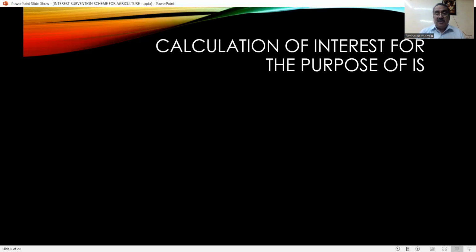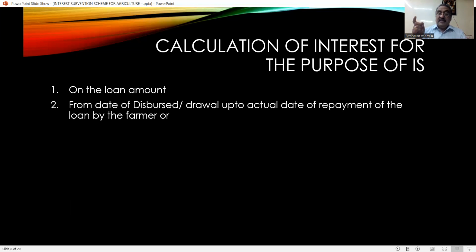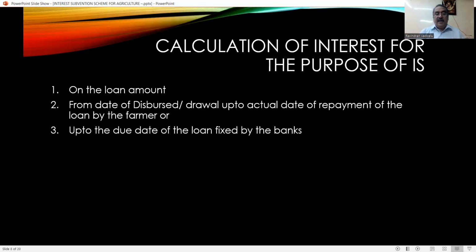Then how to calculate the interest rate for the purpose of IS? What is the interest rate? How to calculate? It has to be calculated on the loan amount from the date of disbursed or drawal up to the actual date of repayment of the loan by the farmer. So on the loan amount, from the date of disbursed up to the date of actual repayment, it is on the outstanding, you have to calculate up to the due date of the loan fixed by the bank.